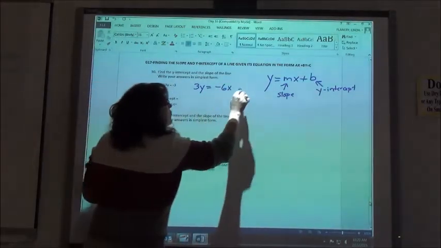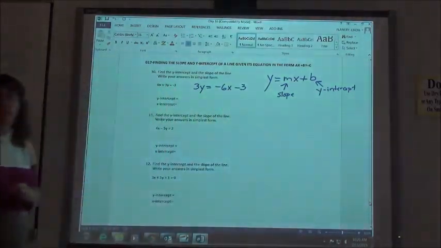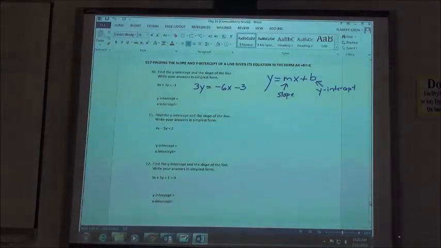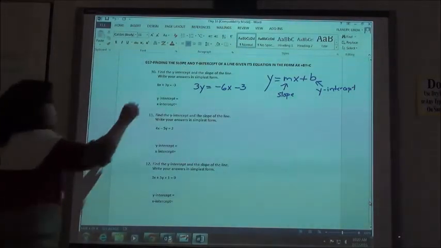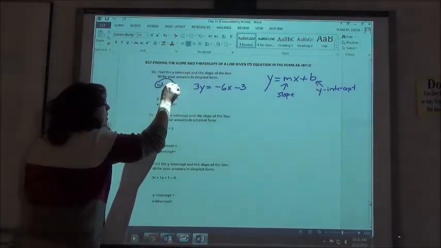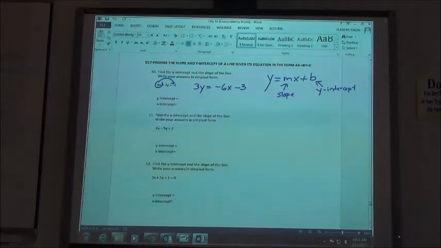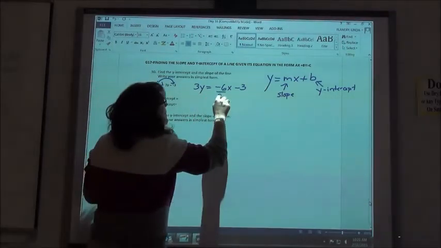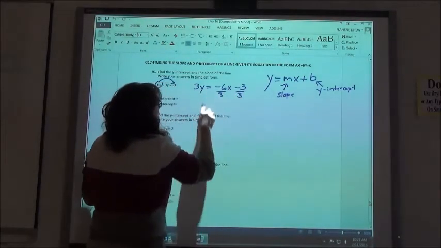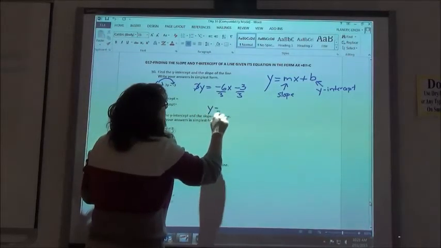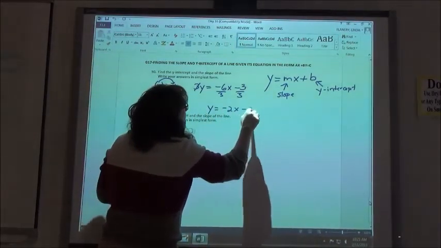And then that -3 is just going to go on the end. I'm going to put it in front so it ends up in the same order as my equation looks like. Then I still have to divide by the 3. So if I divide these by 3, y is going to equal -2x minus 1.